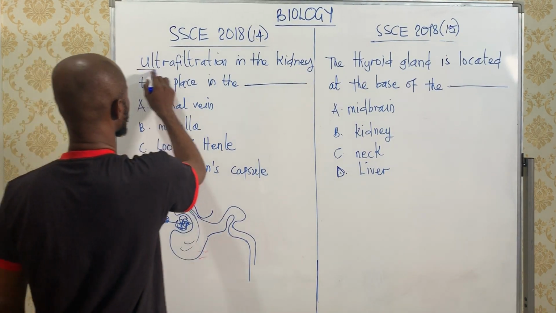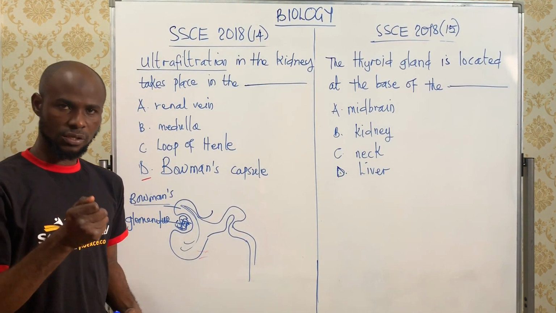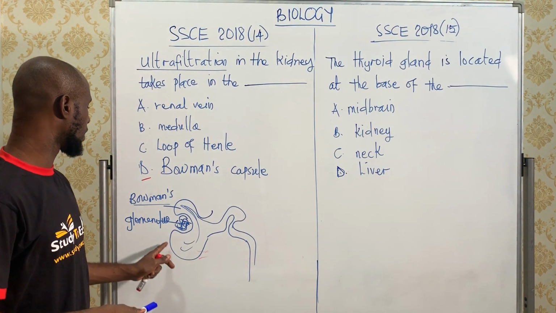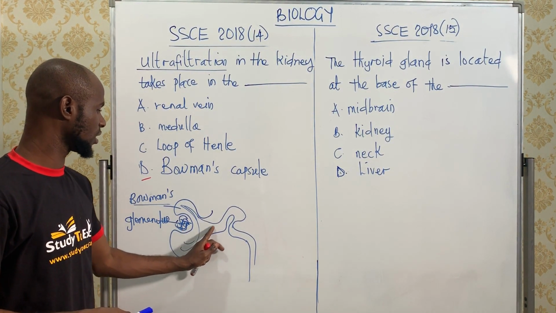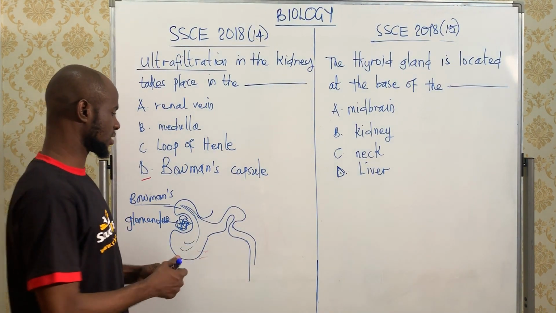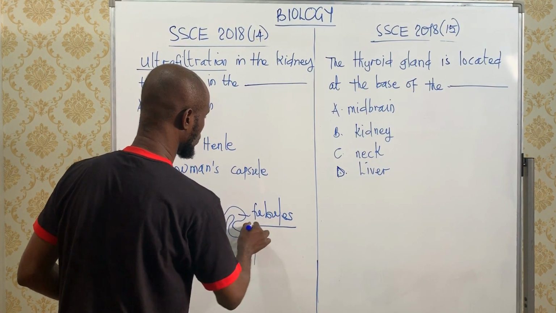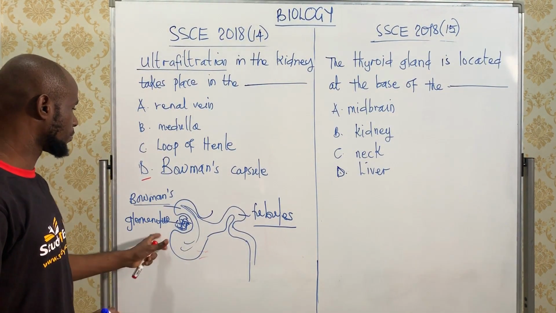And what is ultrafiltration? That is the movement of the small molecular weight substances through the glomerulus of the nephron into the tubules. This is the tubules. We're going to talk about this later when we get to other questions. So this is where ultrafiltration takes place, in the Bowman's Capsule.